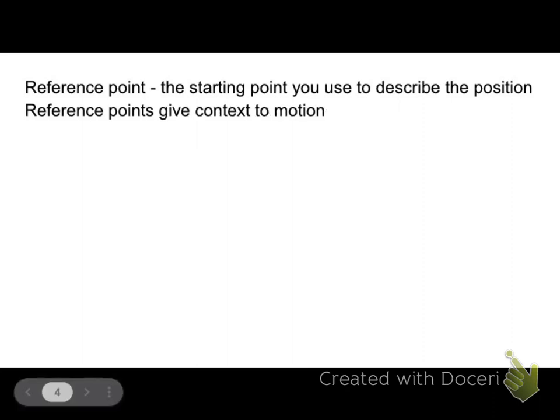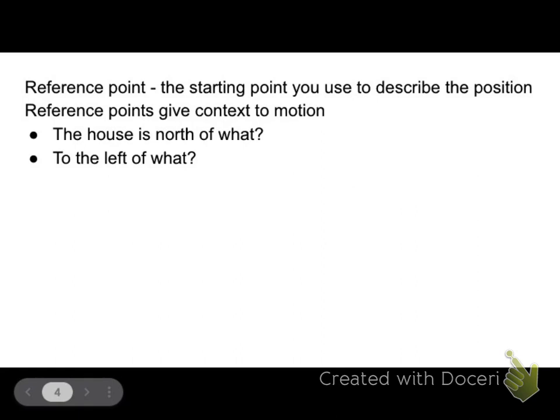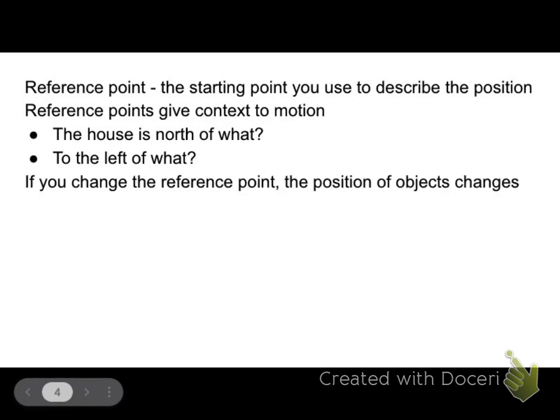It gives context to your motion. The house is north of what? To the left of what? And if you change the reference point, the position of the object changes based on your description.